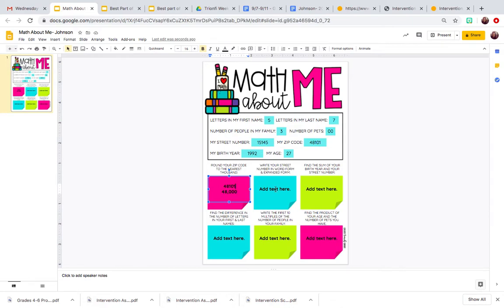Okay. All right, now it says write your street number in word form and expanded form. Let me write that street number first again. 15145. We need to write it in word form. So word form is kind of just like if we were to read it.